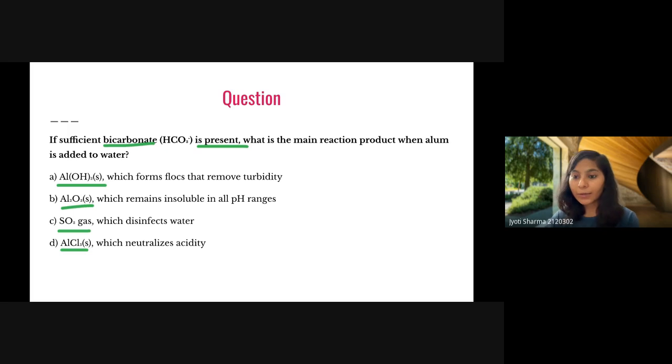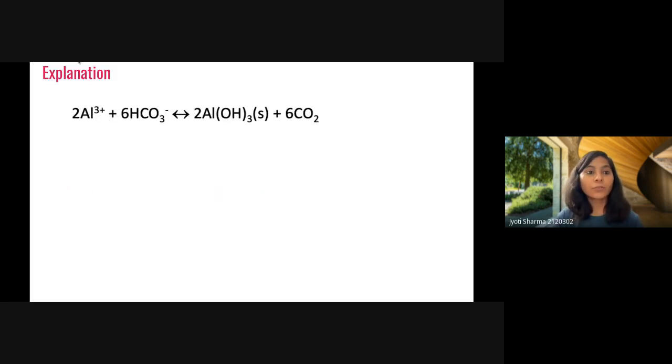I got A answer, and yes, A answer is the right one. This will create aluminium hydroxide that will form some flocs, and this is how we can remove the turbidity. I have an equation for this. If we have aluminium and we have bicarbonate, then this will react and form aluminium hydroxide and CO2.